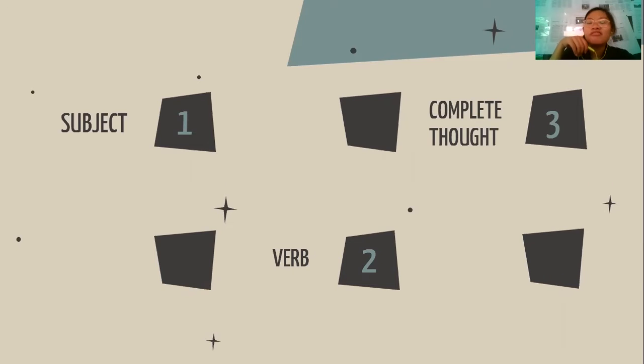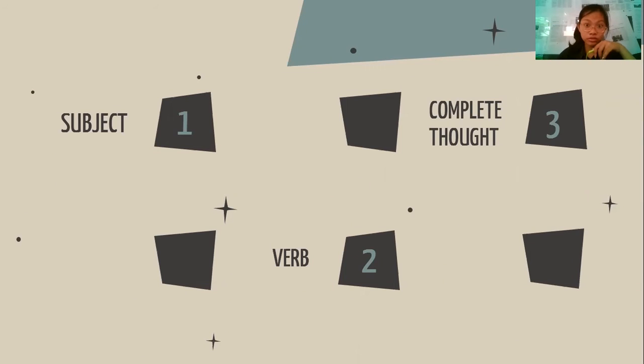And what if you miss any one of these? That's a fragment. You got it? A fragment is a so-called sentence which misses one of these. It's just not complete.